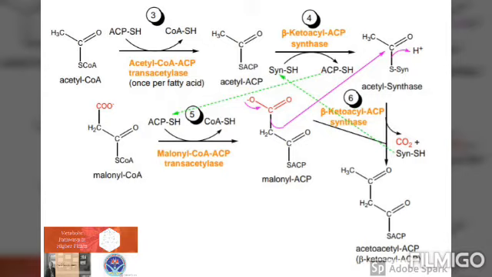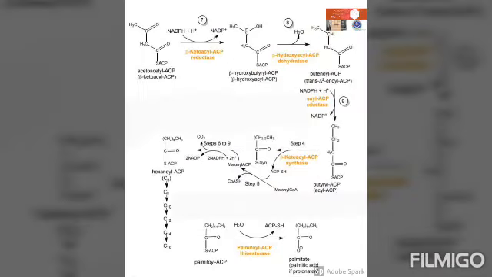This acetoacetyl ACP further converts to beta-hydroxybutyryl ACP, butenoyl ACP, and butyryl ACP.